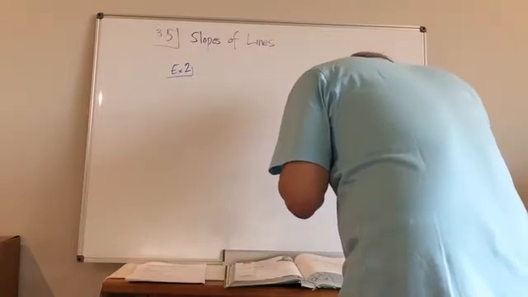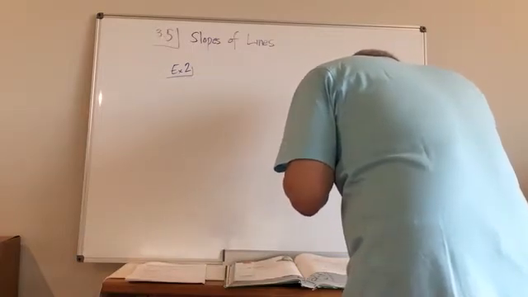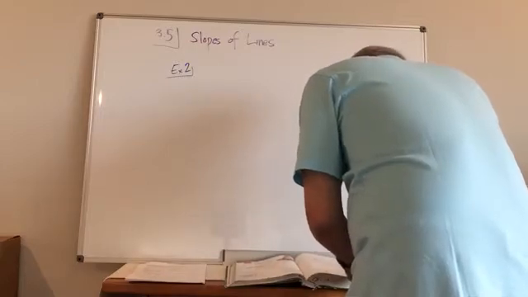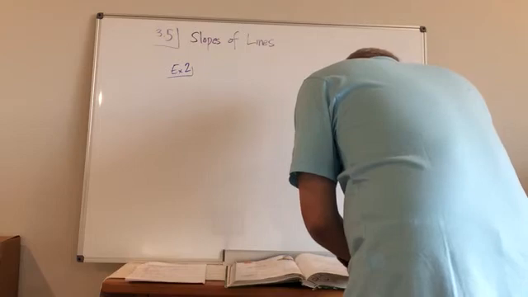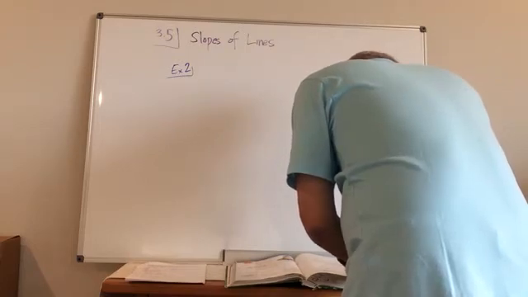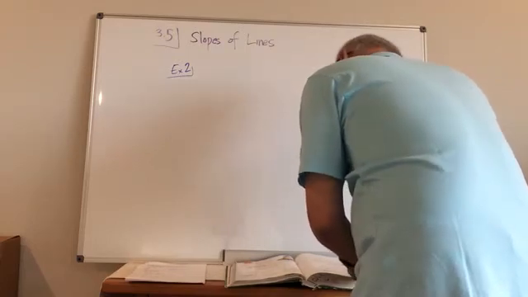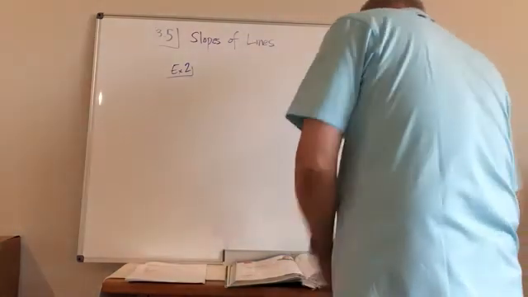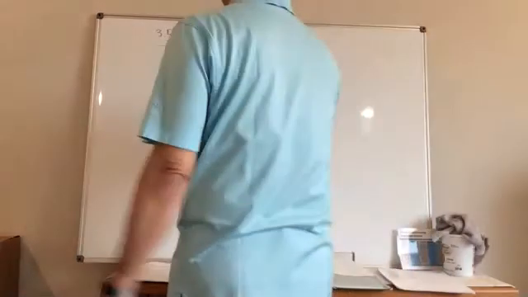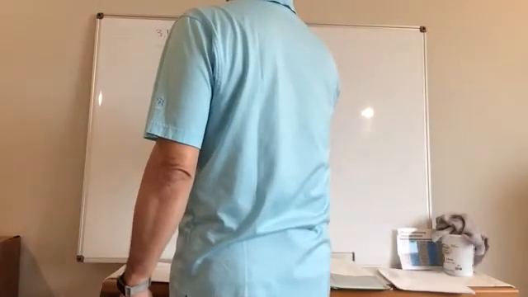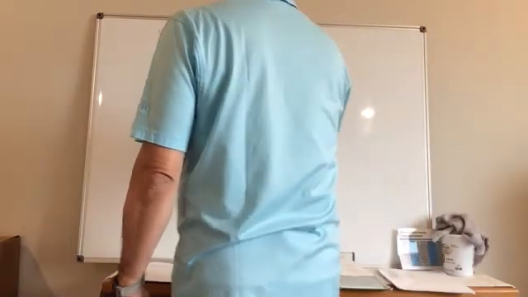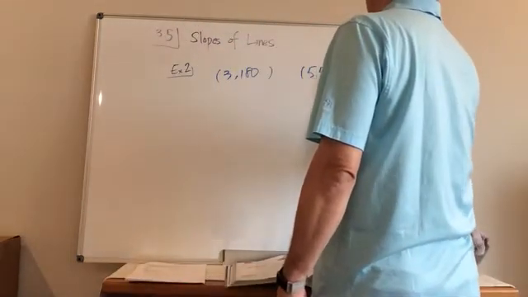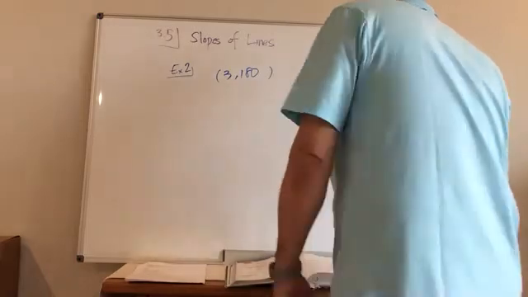180 is the mile, okay, so at 3 p.m., he is 180 miles away. At 5:30, which is 5.5 hours, right? We are 330 miles away. So if you take those 2 points, you're gonna have (3, 180), and then you're gonna have (5.5, 330), right?